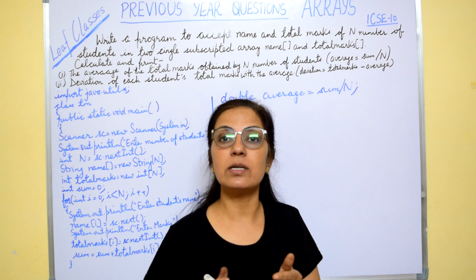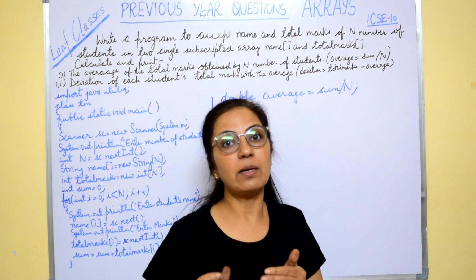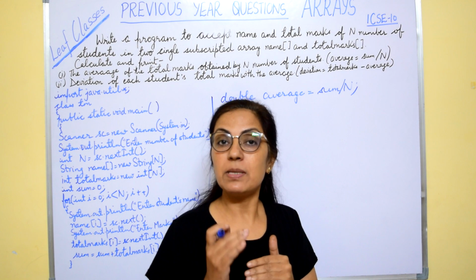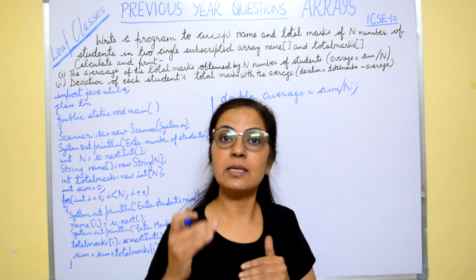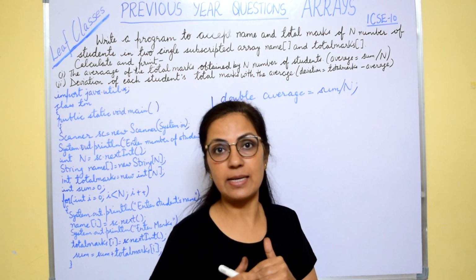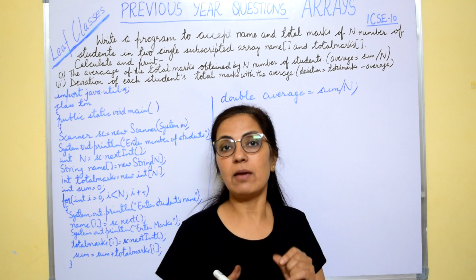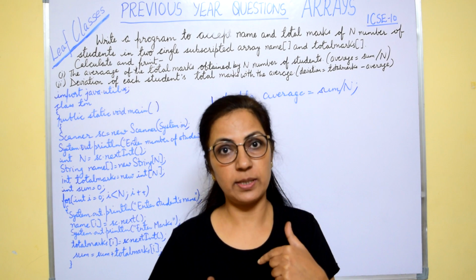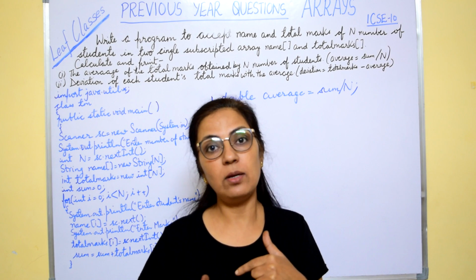If the child has got suppose 60 marks, that means 60 minus 70, that means minus 10. He is getting 10 marks less than the class average. So this deviation has to be calculated for all n number of students. So we have to take the loop.